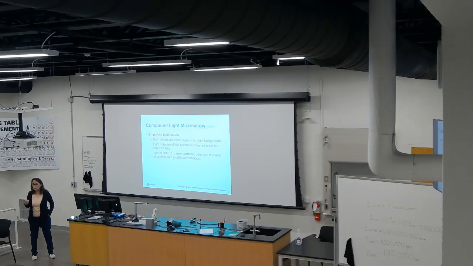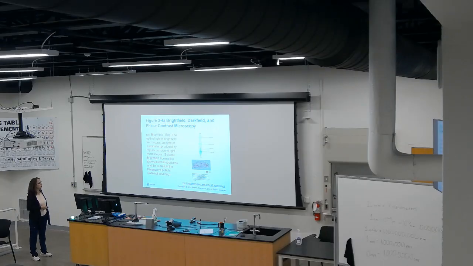But if it doesn't, then you have to stain it to increase contrast. If you try to see a specimen that does not have natural pigments with a bright field microscope, you won't see as much. So that's when you start staining to increase the contrast so that you can see a dark object against a light background.